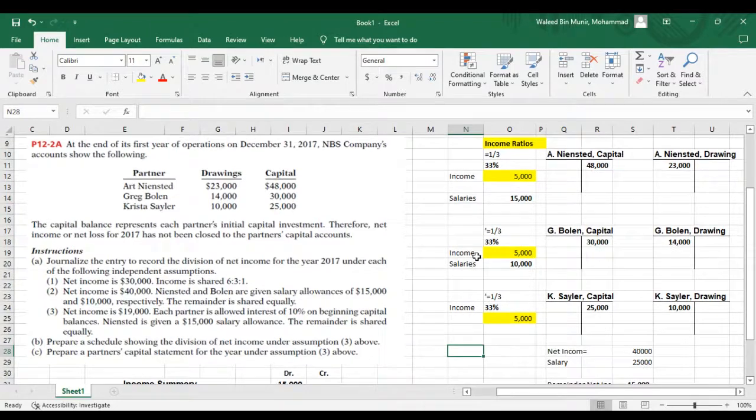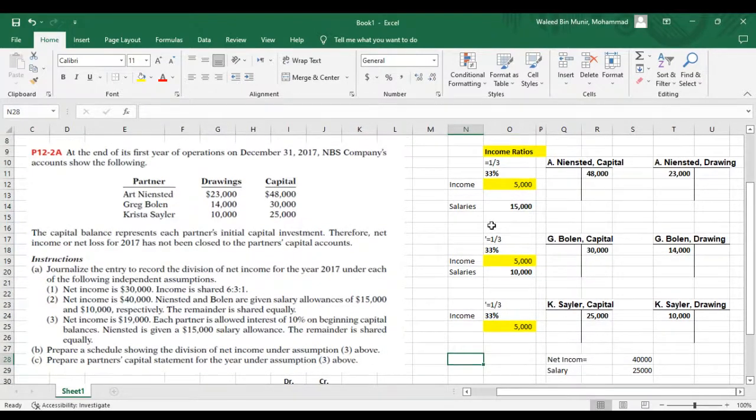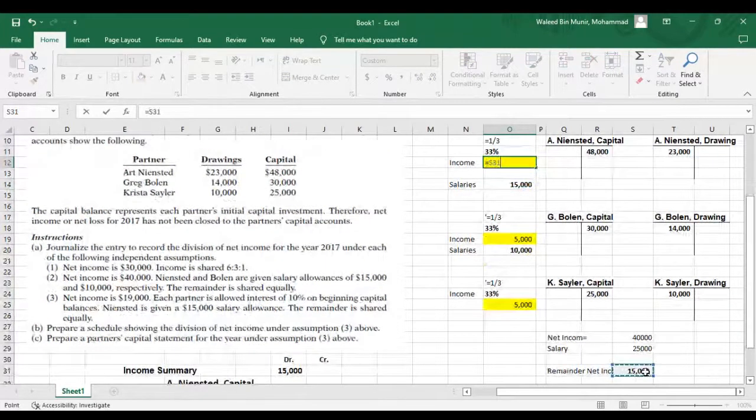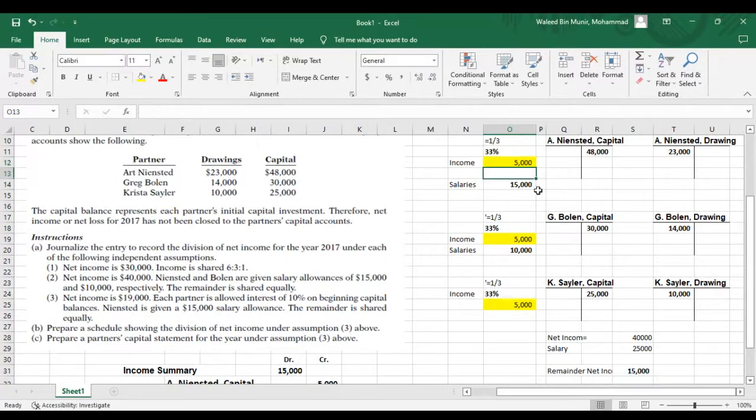Now understand, how do we distribute? Is it clear how much salary they will get? 15,000, 10,000. Then how much income are they going to get? Whatever is left, our remaining income, which is 15,000, multiplied by their ratio, 5,000 each, right?